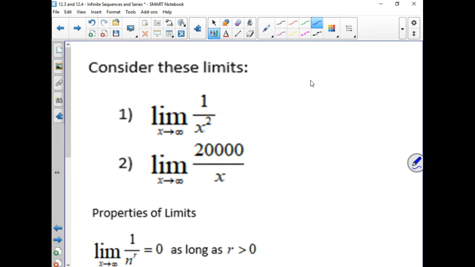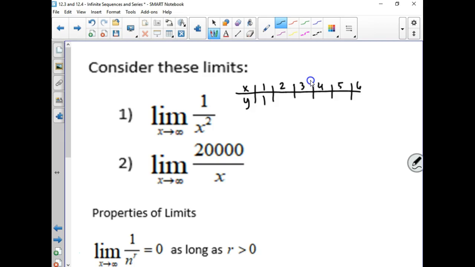If I think of making myself a chart for this, like if I had 1, 2, 3, 4, 5, 6, and of course it keeps on going forever. If I had 1 over x squared, y would be 1 over 1 squared, which is just 1, right?